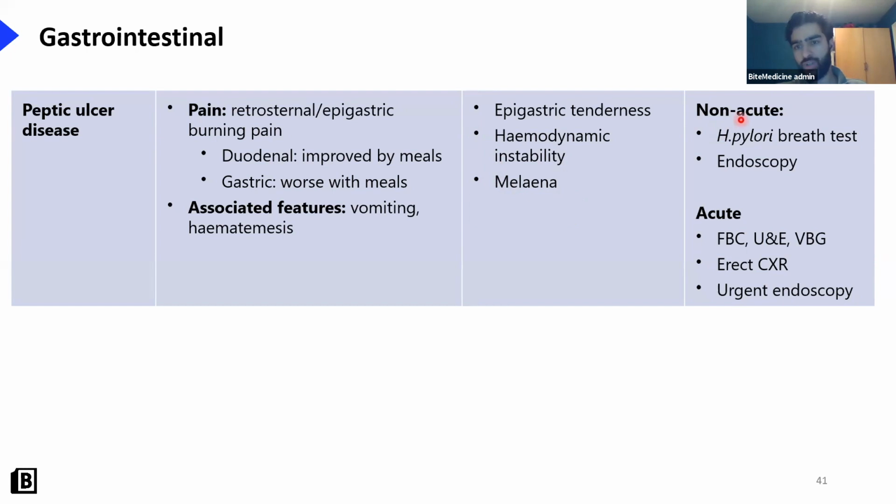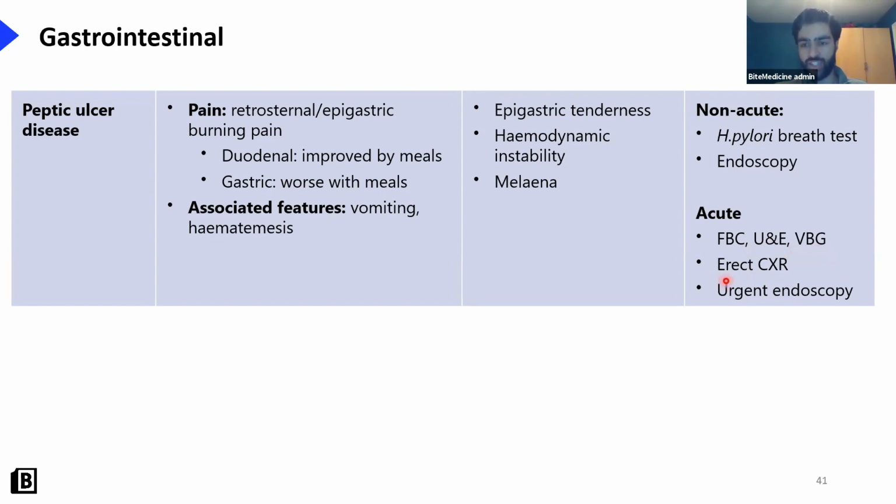Investigations, if it's not acute, you check for H. pylori and you can do an endoscopy non-urgently. If it's acute, you want to check the hemoglobin, you want to check the patient's urea because urea is raised in an upper GI bleed. You want to check the patient's lactate on a VBG, a venous blood gas, which is also raised in a bleed.